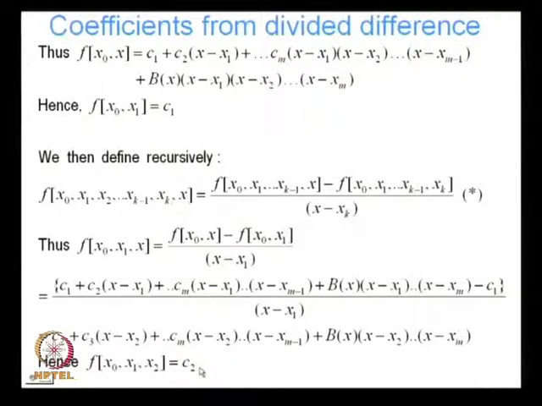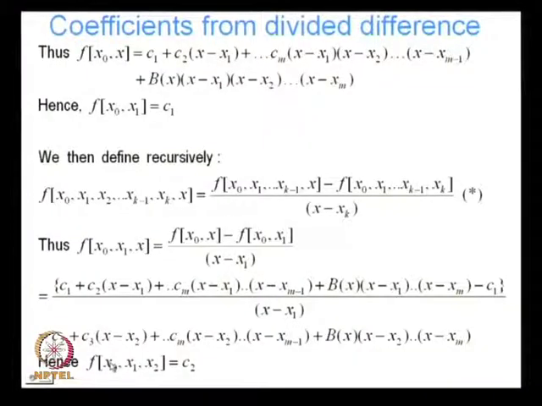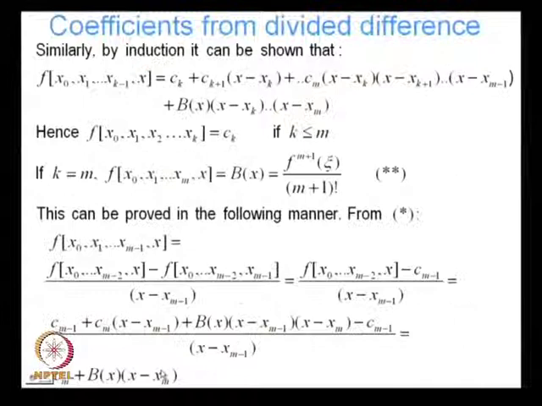So I can write the second coefficient of my mth order polynomial in terms of the divided difference operator with arguments x0, x1 and x2. Similarly, we can show by induction that f of x0 x1 up to xk minus 1 x is given by this.